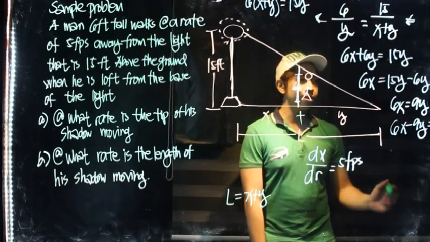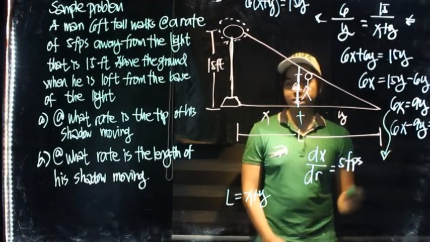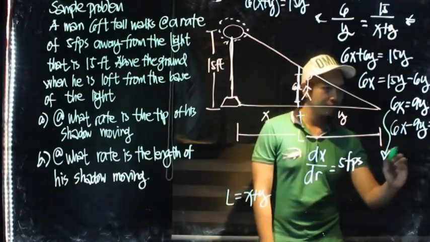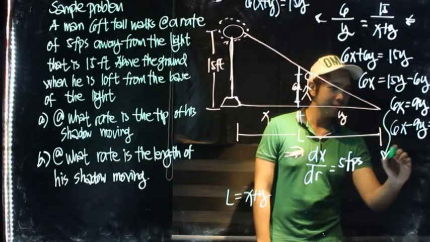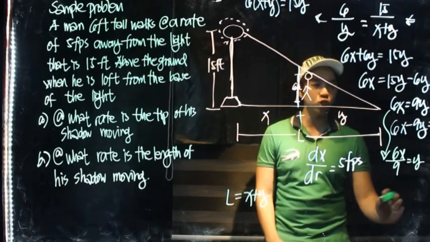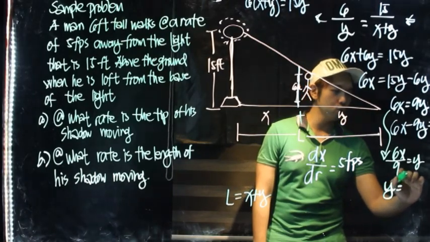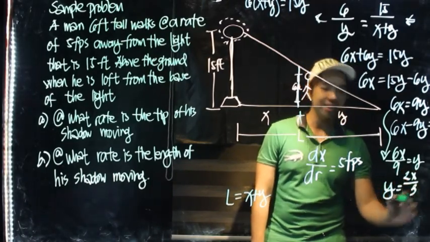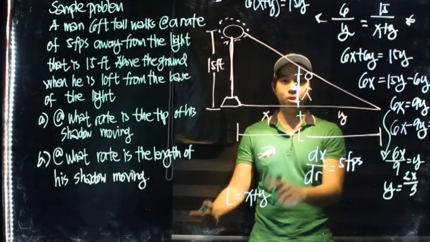So how do we do that? From this one, we can say 6x over 9 is equal to y, so that y is equal to 2x over 3. And that would be another value for our y.